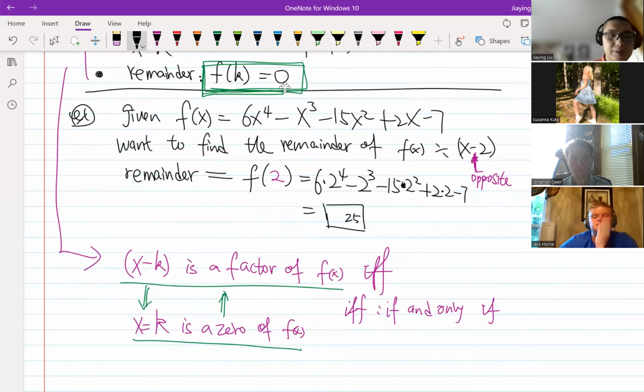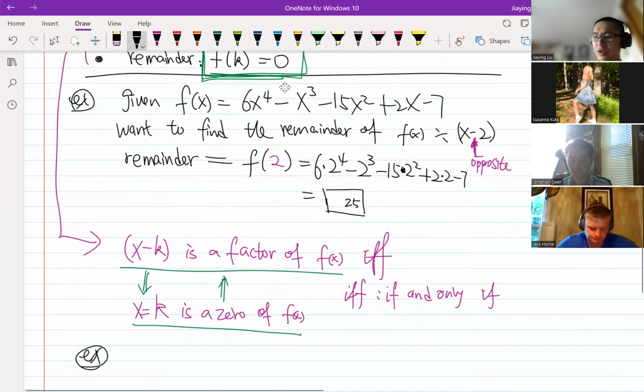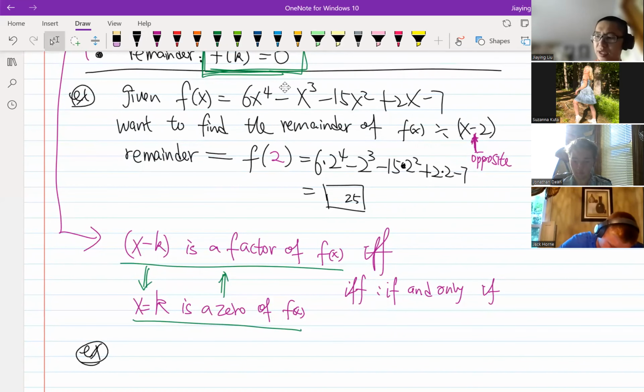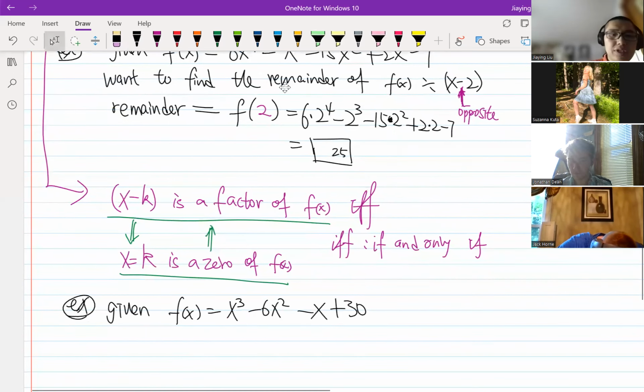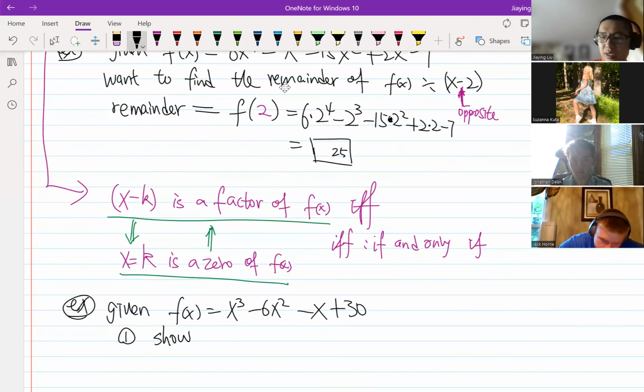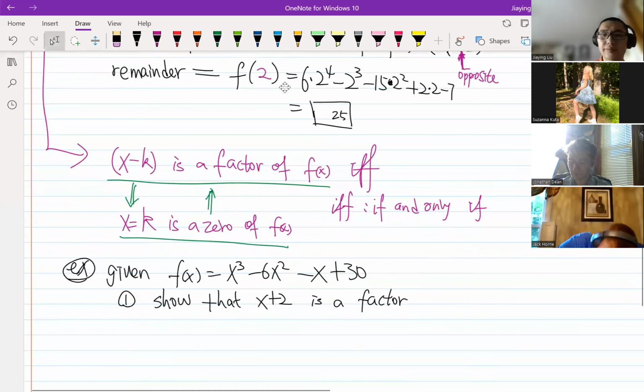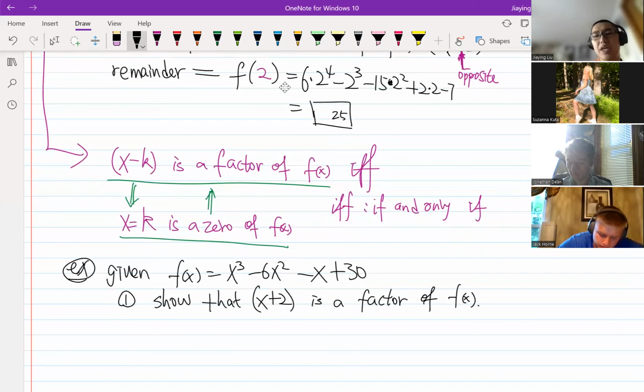So here's the example. It's not a very good use of this example for now, but soon you're going to see more complex examples. So given f of x equals x cubed minus 6x squared minus x plus 30, the first thing we're going to do is show that x plus 2 is a factor of f of x, which means that f of x we could write as x plus 2 times some expression.